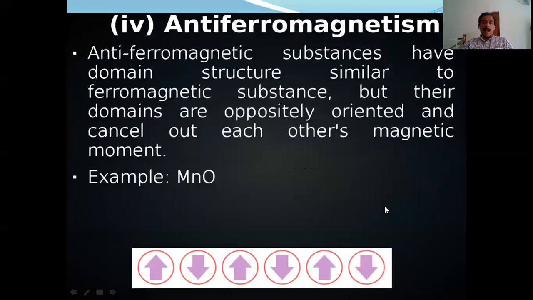Next, antiferromagnetism. In antiferromagnetism, the substances are really magnetic, or have domains. But we cannot observe magnetic moment in the case of an antiferromagnetic substance.